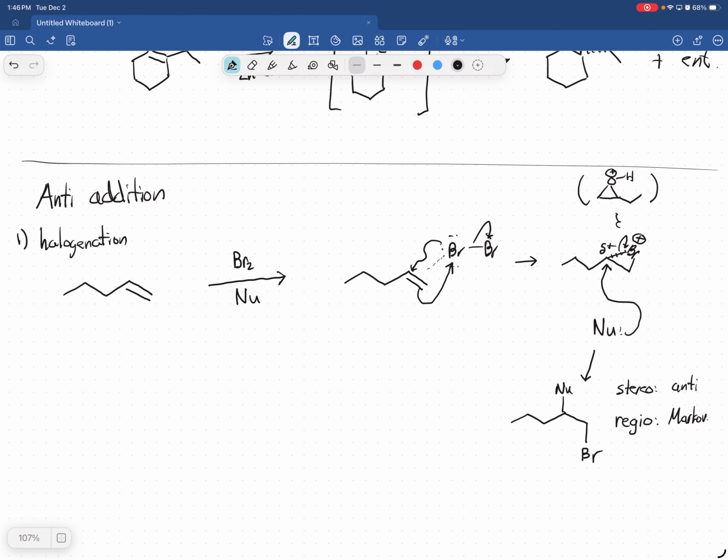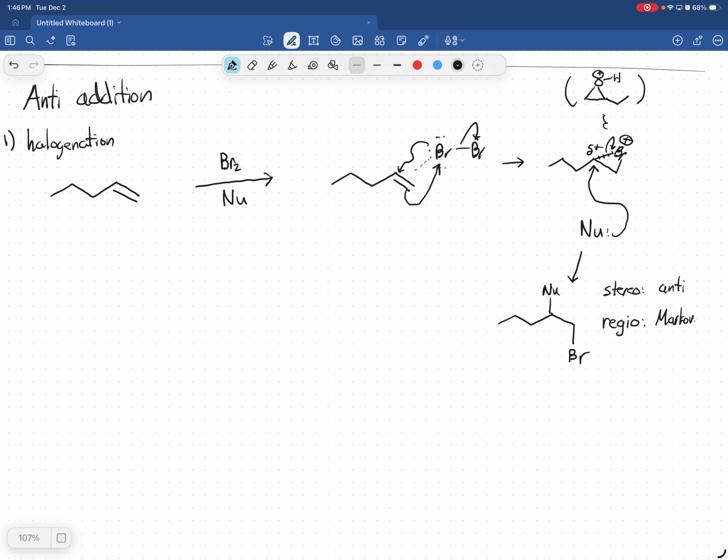All right, so what's a reaction similar to this, but it uses mercury? What do we call that? Oxymercuration, demercuration. All right, so let's do something a little bit different.